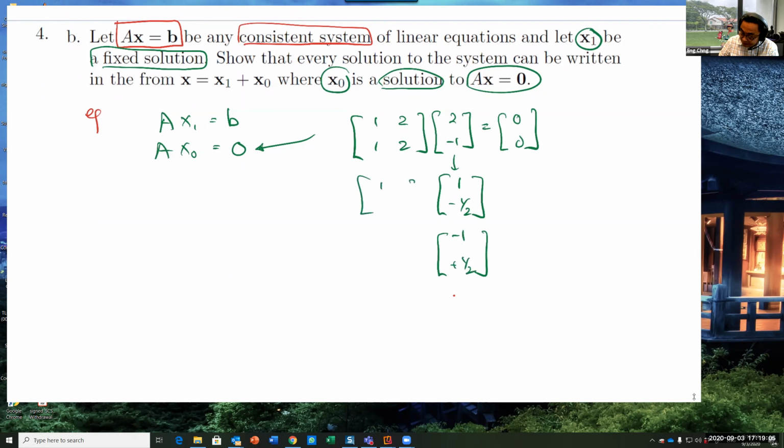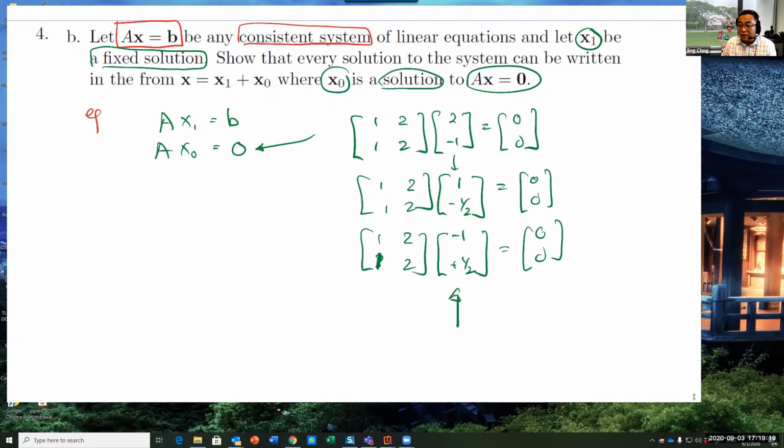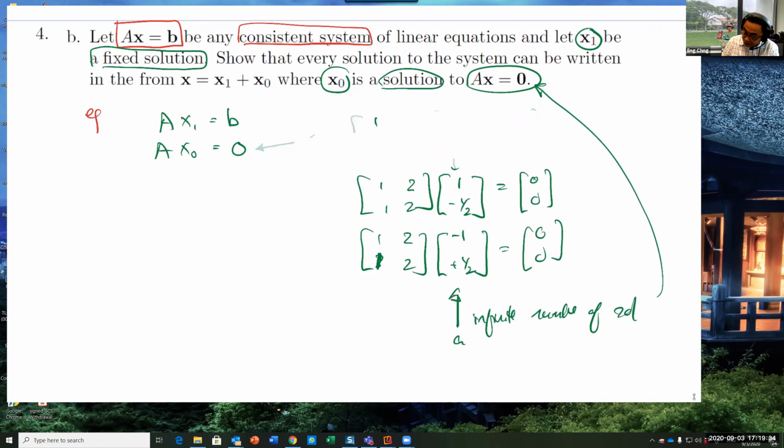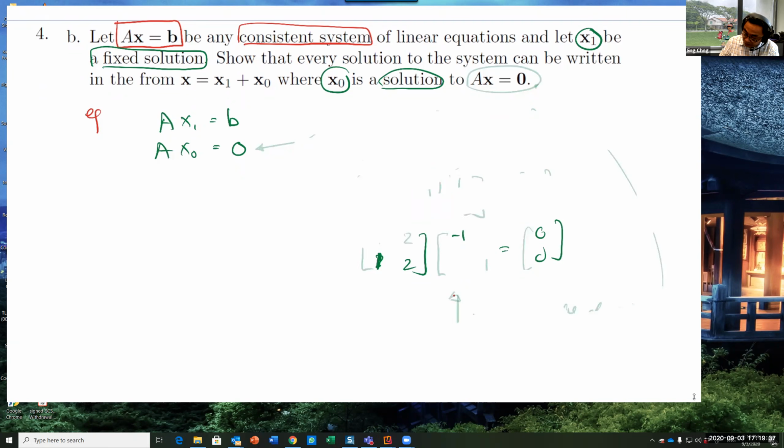Then all of this will be equal to the 0 vector. So this is another example: you see the equation has infinitely many solutions. Okay. All right. So now we know that there are many x's that will satisfy this one.